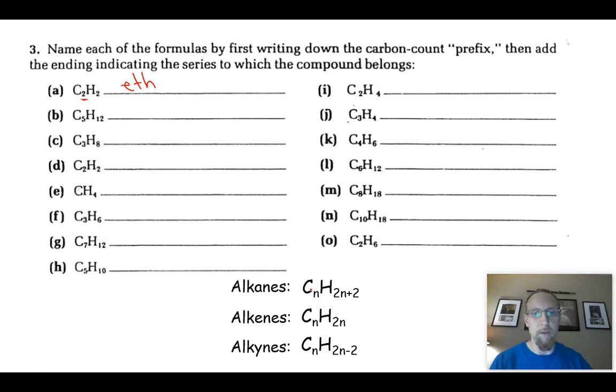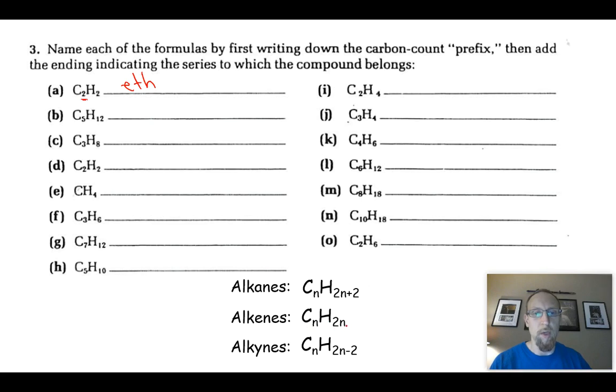So then what you do is you come down to your general formulas and you say, okay, which one of these general formulas, when I plug in N, do I get the appropriate number of H's? So it's C2H2. So which of these 3 formulas, when you plug in 2 as your N, gives you 2 for your final H's? So 2 times 2 plus 2, that's no good, that's 6, right?